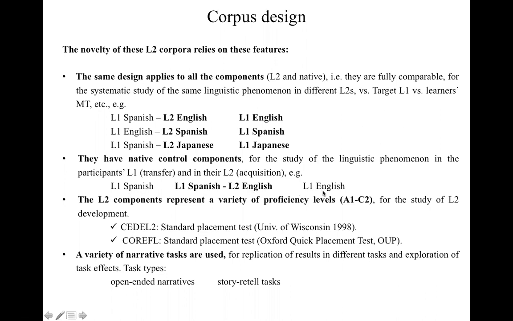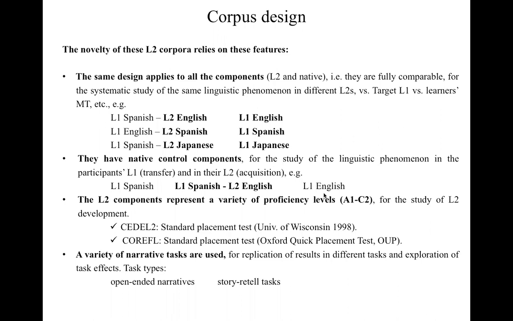Why so? Because we want to look at factors like possible transfer from the learner's mother tongue into their foreign language, and of course because we want to ultimately look at language acquisition. So the representation of the target language is important, and since the native components have the exact same design, these comparisons are possible, as I mentioned before.